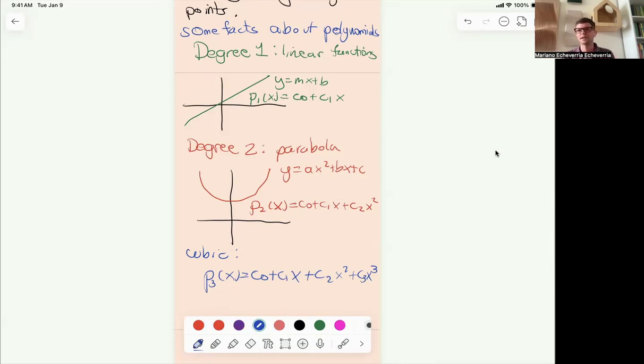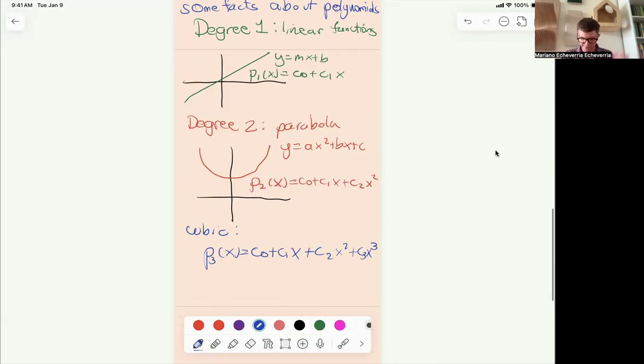And as you can imagine, degree n would be Pn of x. If you remember from Calc 2, the sum notation, it would go from i equals 0 to n of ci x to the i, right? And if you were to write it down term by term, it matches exactly with what I have been writing.